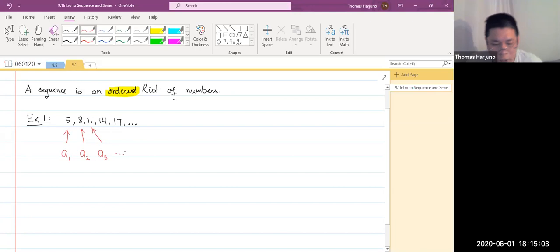Of course, we don't need to use A all the time. We can use B subscript 1 or C subscript 1 and so on. The emphasis is on the indexing.